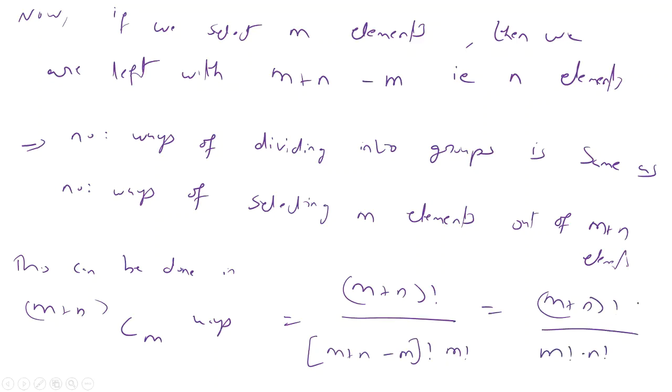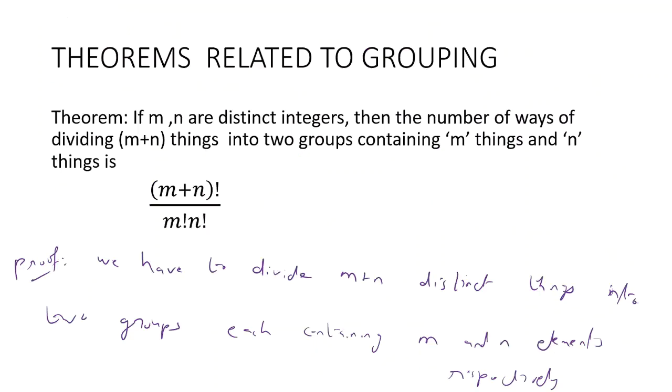Therefore, the number of ways of dividing m plus n distinct objects into two groups containing m elements and n elements is going to be m plus n factorial upon m factorial times n factorial. So dividing m plus n objects into two groups containing m elements and n elements is the same as selecting m elements out of m plus n elements. If you select m elements, then you will have m elements, and the leftover elements are going to be n.